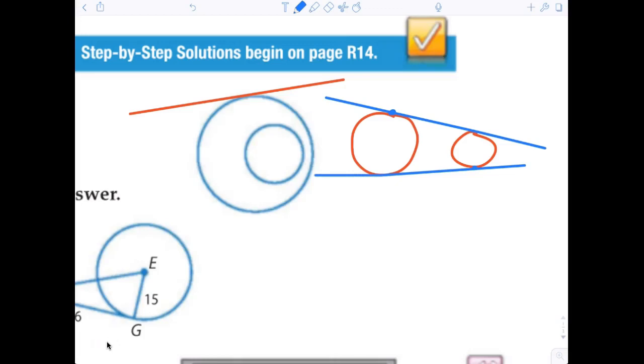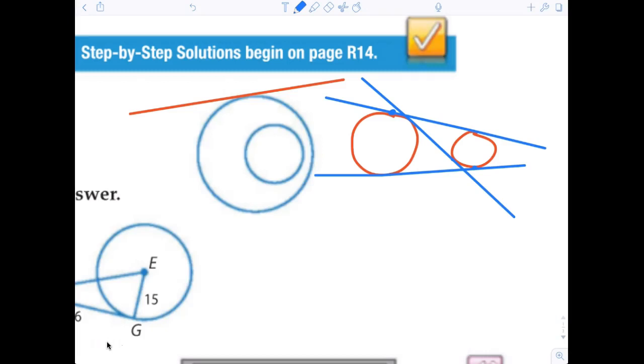Now, it looks like there's 2, but you have to remember the ones that can go diagonally. So if I was looking right here, and I drew it down this way, you could see those are common tangents, because that single line touches the circle at exactly one point.